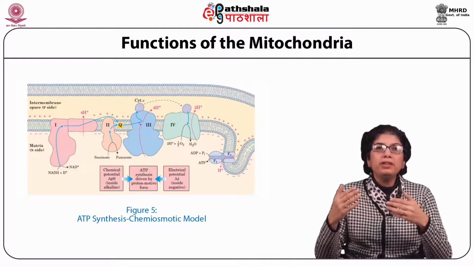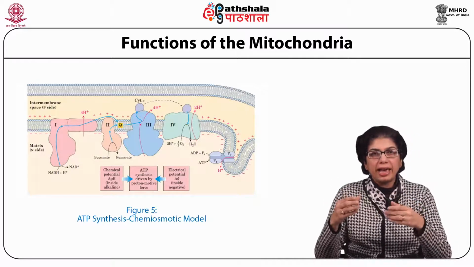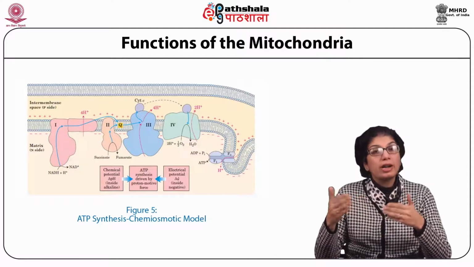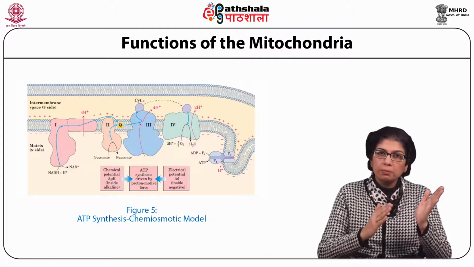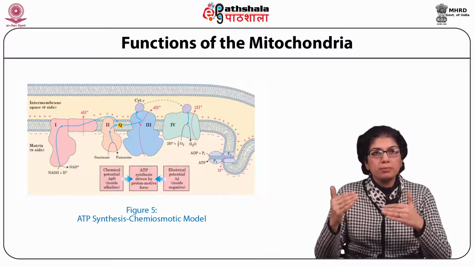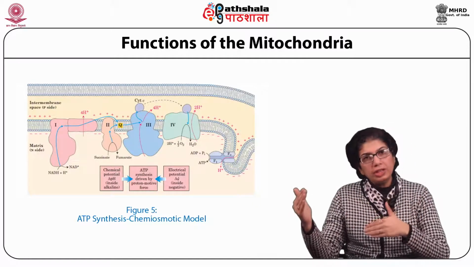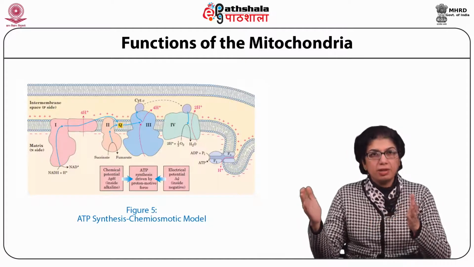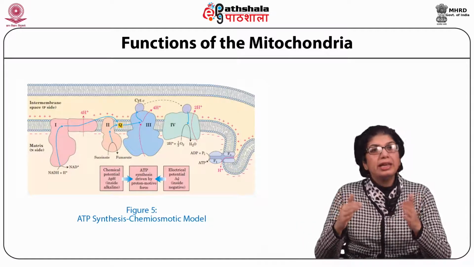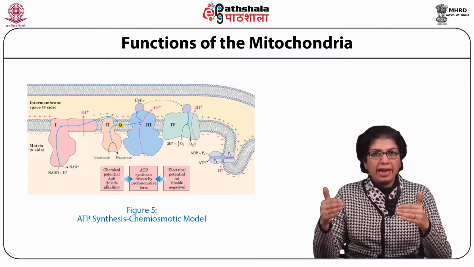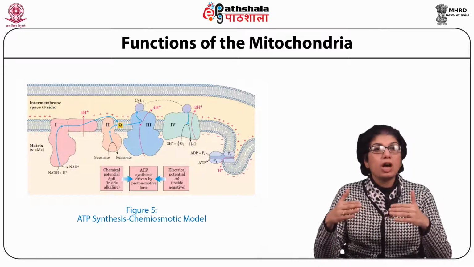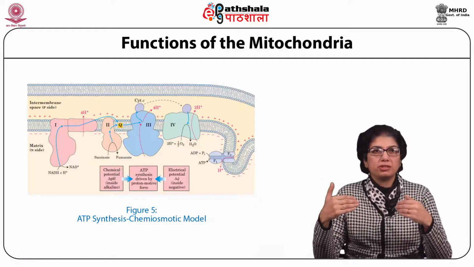Ubiquinone is a lipid-soluble electron carrier and is also called coenzyme Q. It also pumps 4 protons from the matrix to the intermembrane space. The matrix thus becomes negatively charged and the intermembrane space acquires a positive charge.